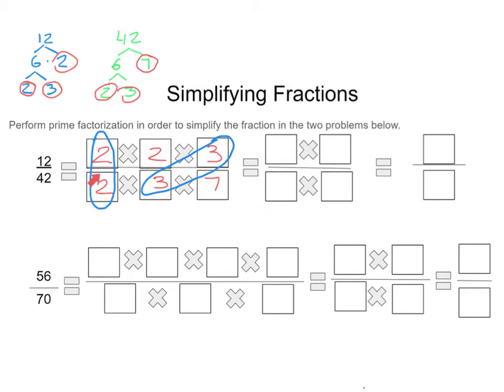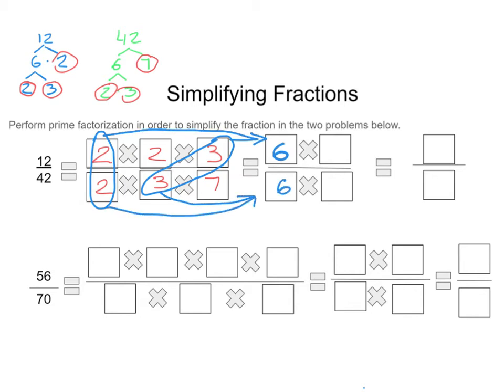So my common factors are 2 and 3. So 2 times 3 is 6. So my greatest common factor is going to be 6. I'm going to put 6 here, okay? So 2 times 3 is giving me 6. And now this 3 and this 2 are giving me 6.